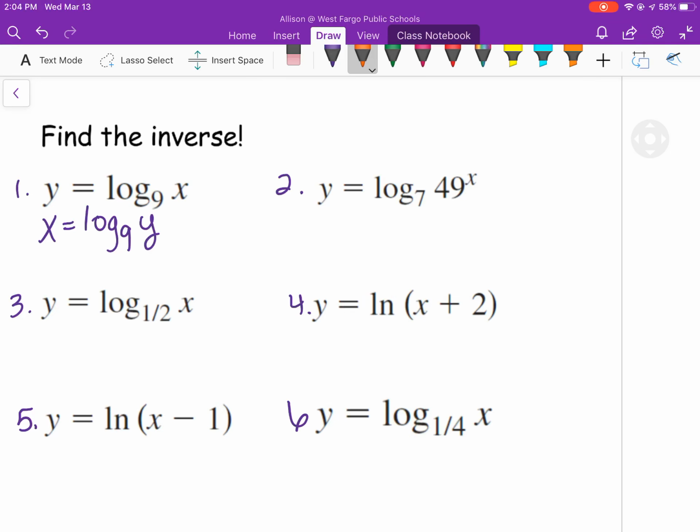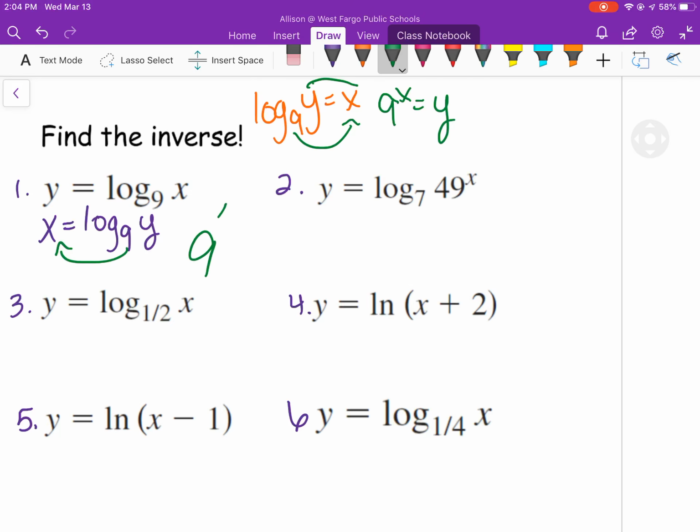So this is written backwards from what you're used to seeing. So it's log base 9 of y equals x. Then it's 9 to the x power equals y. So I'm just doing the arrows in reverse. The base to that power equals what's inside the log. And then it's all solved for y. So y equals 9 to the x is the inverse of log base 9 of x.